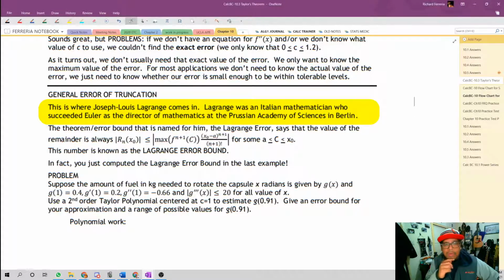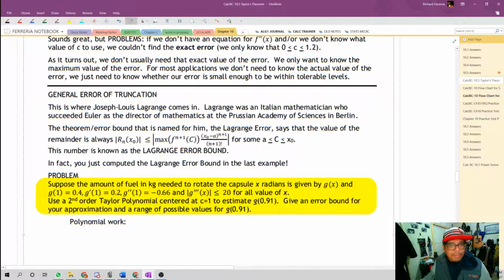So look out for it, especially if you ever need to estimate the Lagrange error bound or give a value for it. You will find someplace in the problem the maximum value of the derivative. So that said, let's take a look at our problem here.